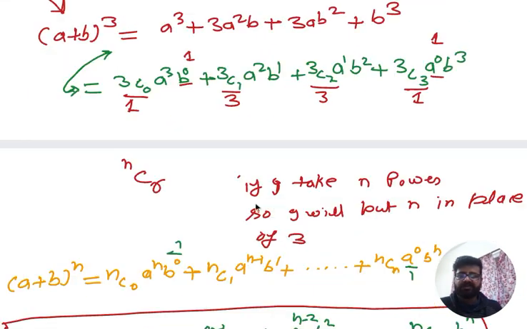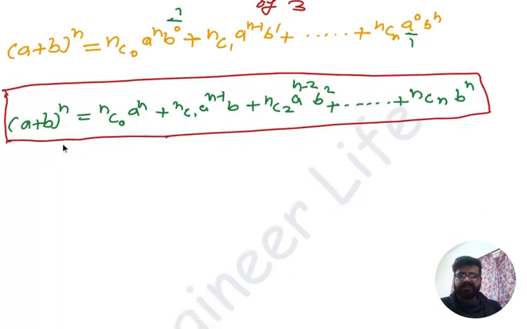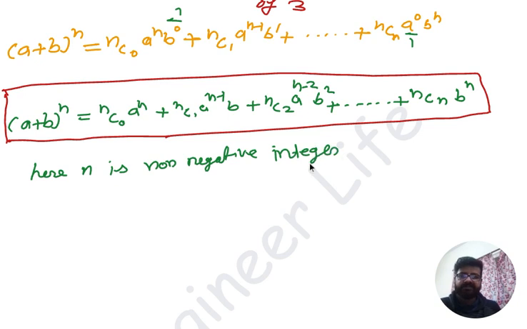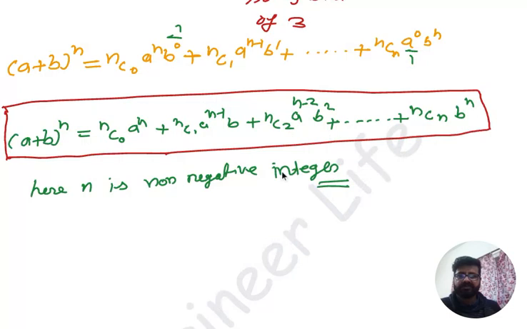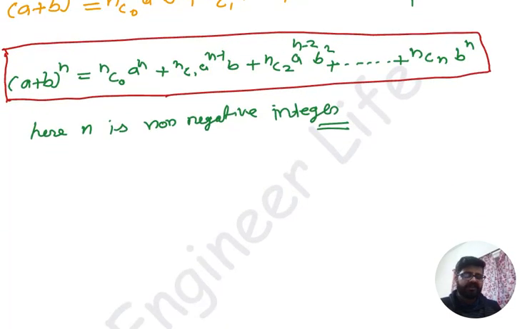Now you can solve each problem, but keep in mind here n is a non-negative integer. This is a condition for this binomial theorem. And now one thing more.